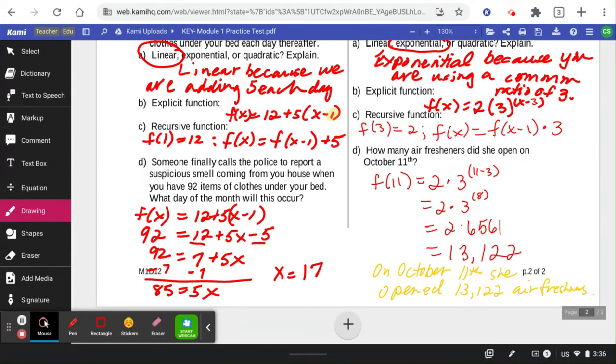And then for this original one, it said, on what day of the month will you have 92 items of clothes? You would say on October 17th, there were 92 items under the bed. So these two sentences are what you show to answer the context-based questions. How'd you do?